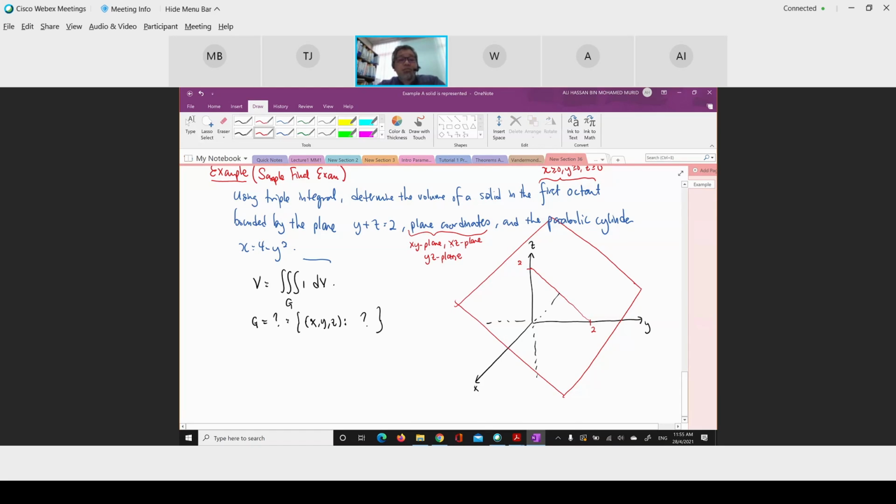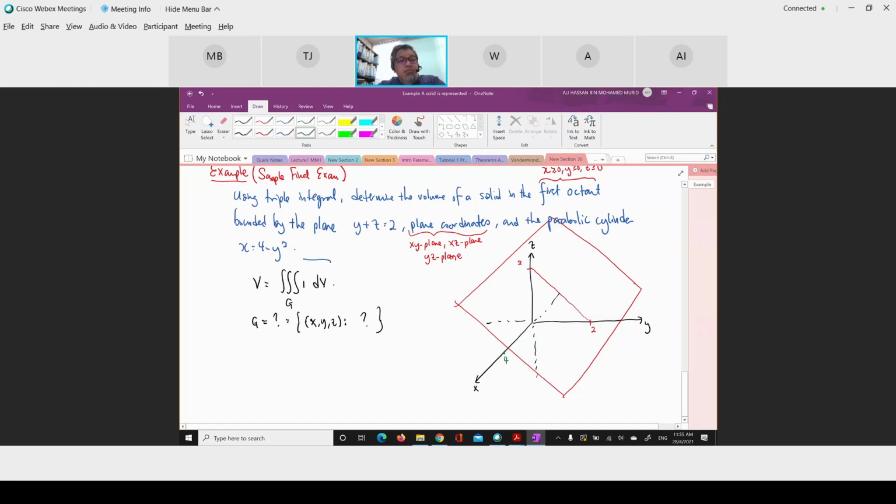And we have a cylinder as well, called a parabolic cylinder: x equals 4 minus y squared. On the xy plane, it is a parabola. When y is 0, x equals 4.